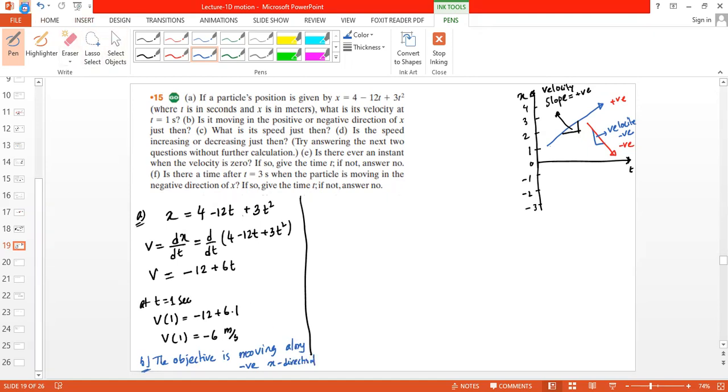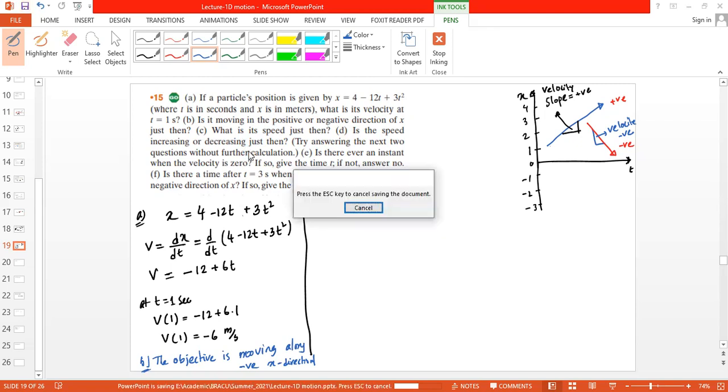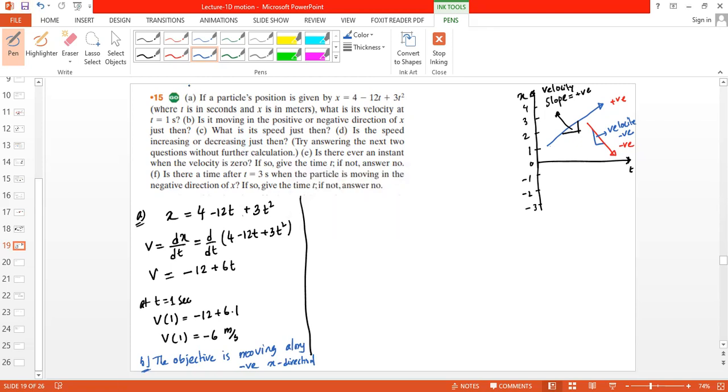And then part C: what is the speed just then? Just then means 1 second. What is the speed at t equal to 1 second? What is the difference between velocity and speed? Velocity has direction, speed doesn't have direction. So here this minus actually means direction, that is, it is going in negative x direction.